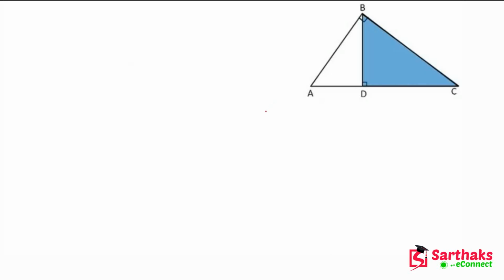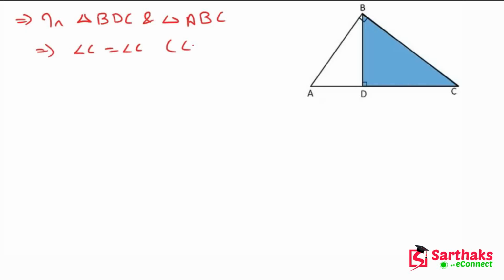Now my dear friends, we have to prove that triangle BDC is similar to triangle ABC. So in triangle BDC and triangle ABC, angle C is equal to angle C. This is a common angle.